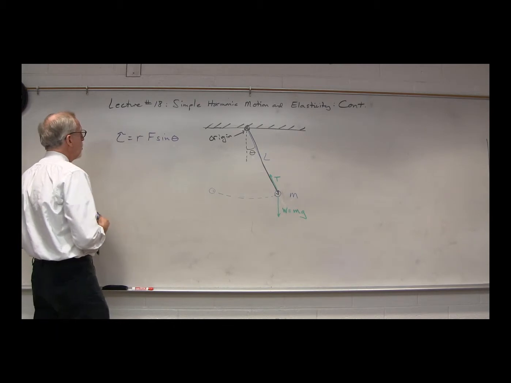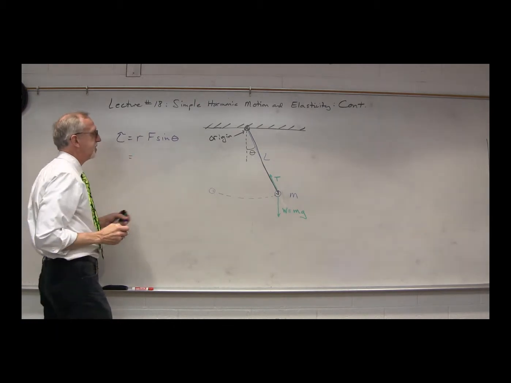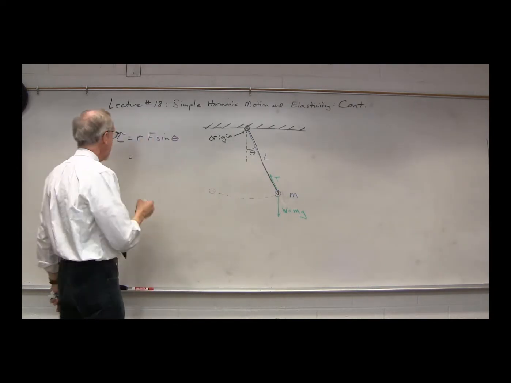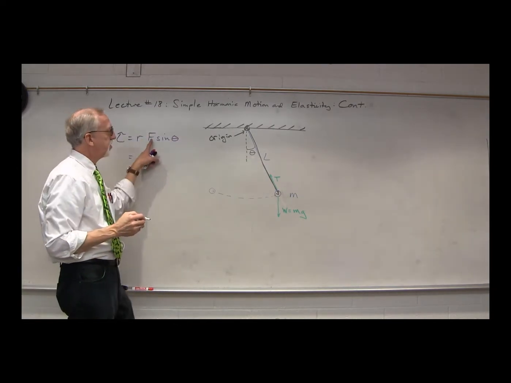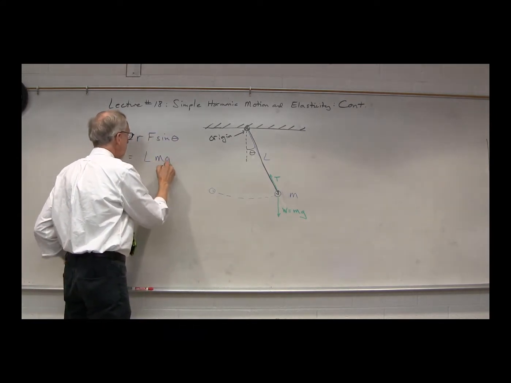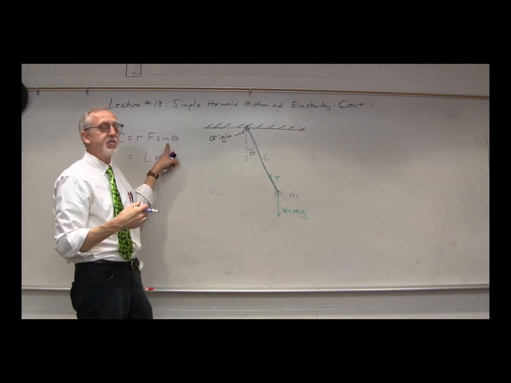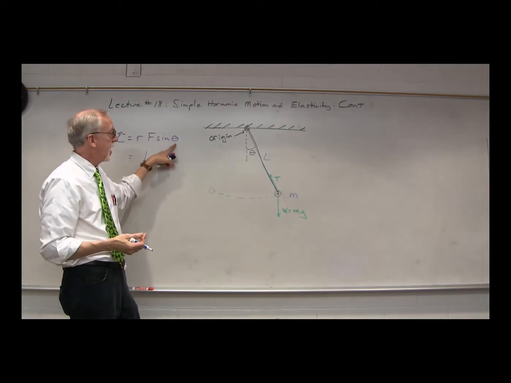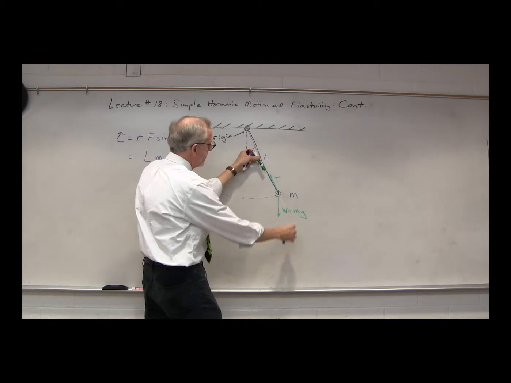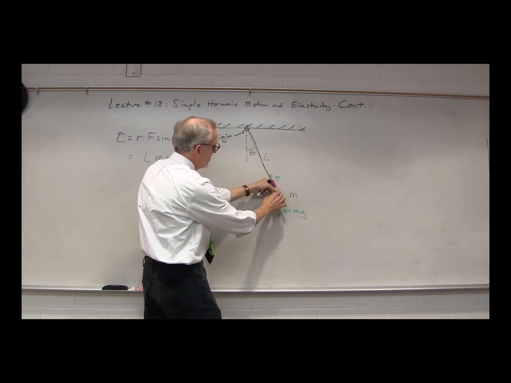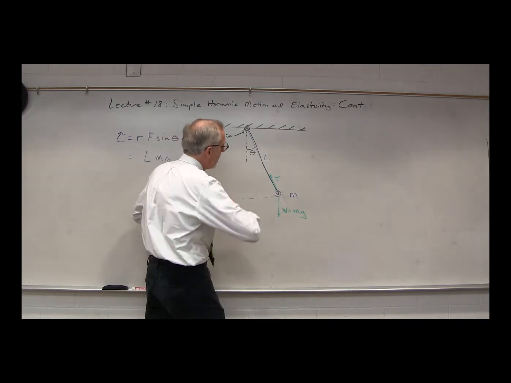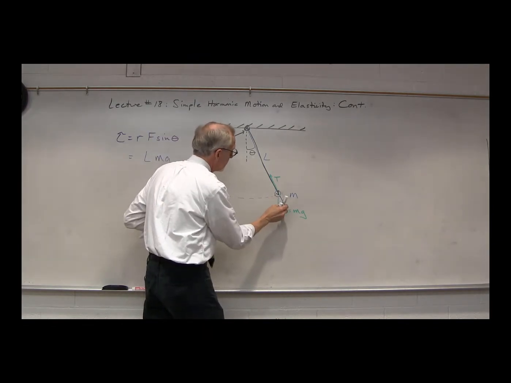Now, what about the weight? Well, for the weight, what is R? R is the distance from the origin to the point where the force is applied, which in this case is L, times the force, and the force is mg, times sine of theta, theta being the angle between R and F. If this is R and this is F, bring them tail to tail, so we can extend R in that direction.